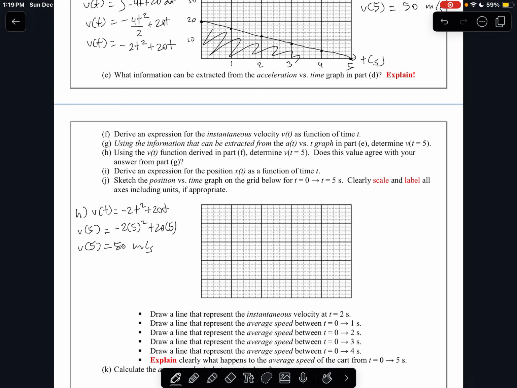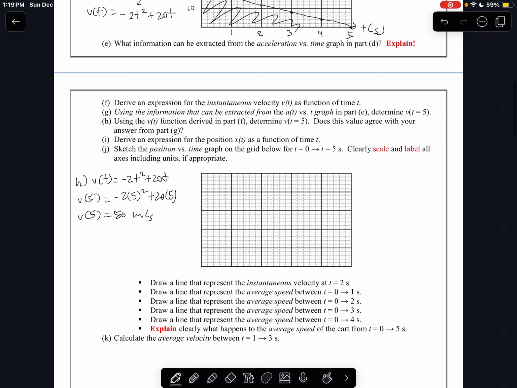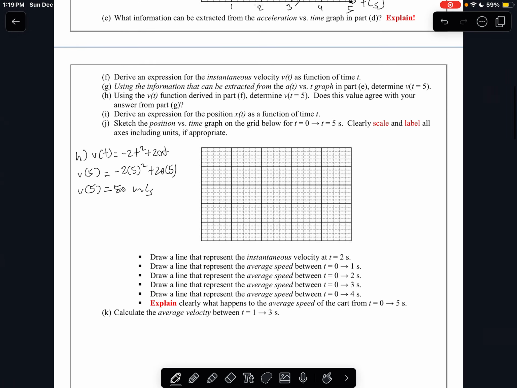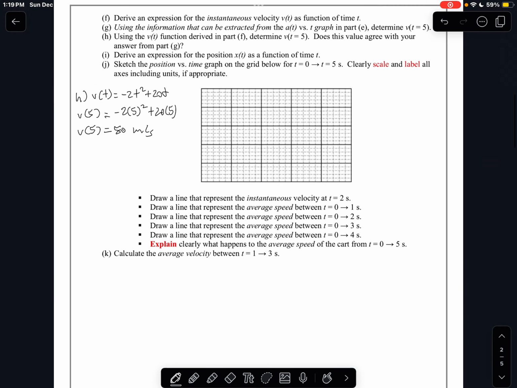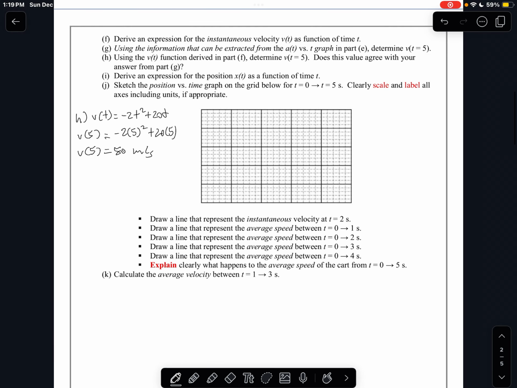And then for part I, I have to derive an expression for x of t. Deriving an expression for x of t is basically just like deriving the expression for v of t before. You just integrate the velocity function.